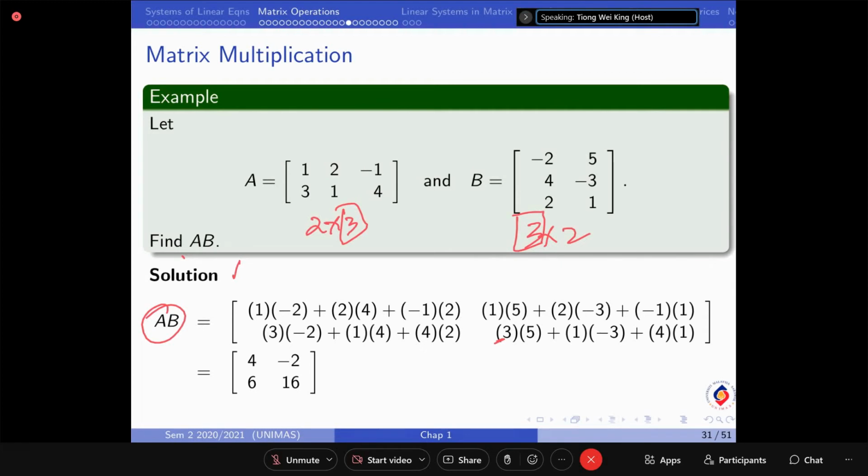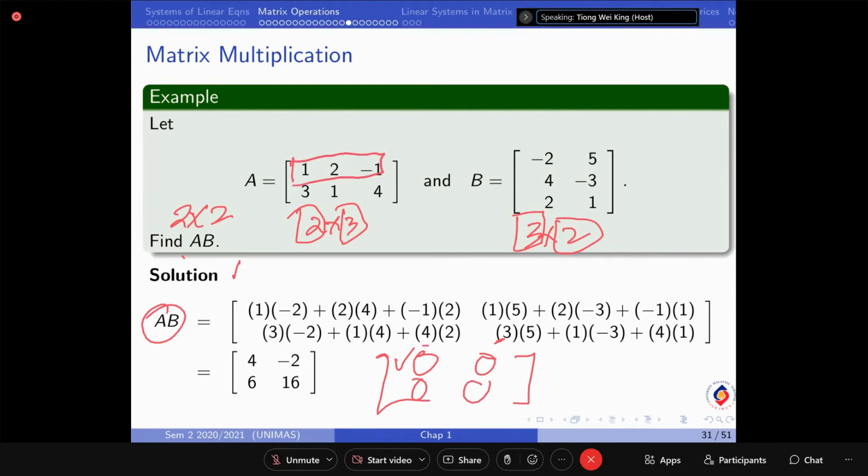So how do we do it? The size for the matrix AB is this and this, so the size for matrix AB is 2 by 2. Basically we must have an entry here, here, here, here. To find the first entry, what you do is you take the first row, multiply with the first column, and then you do the summation, the addition.